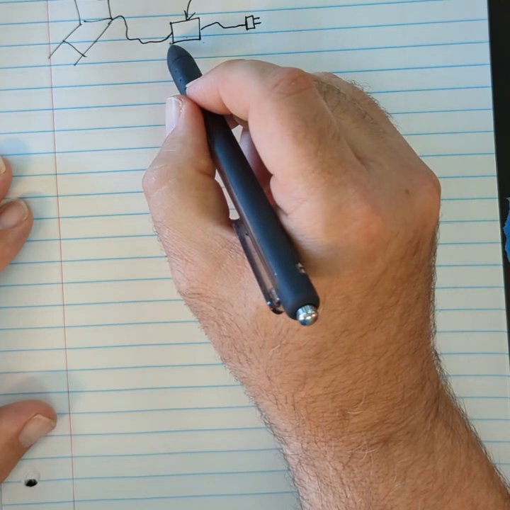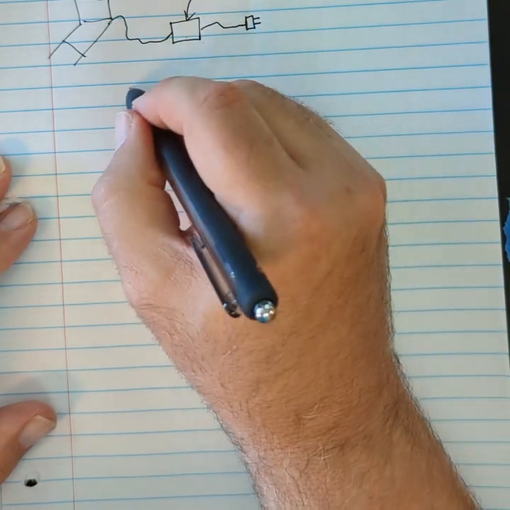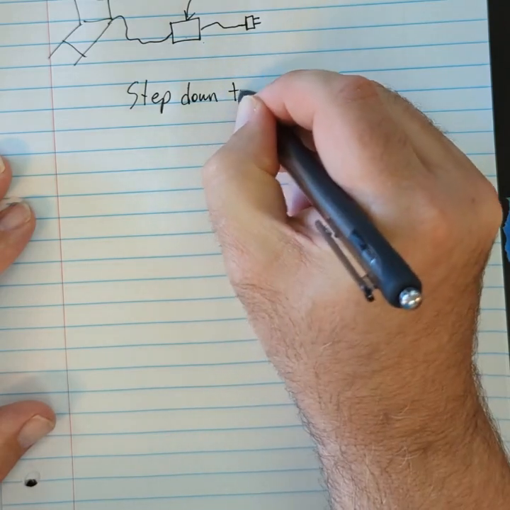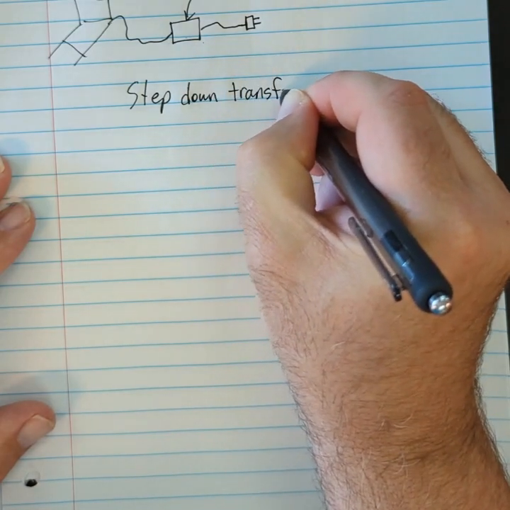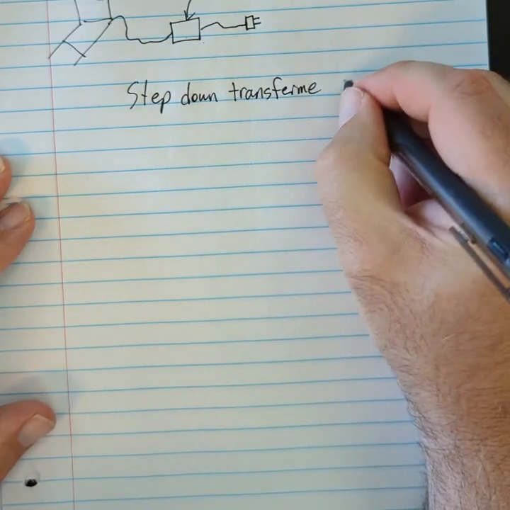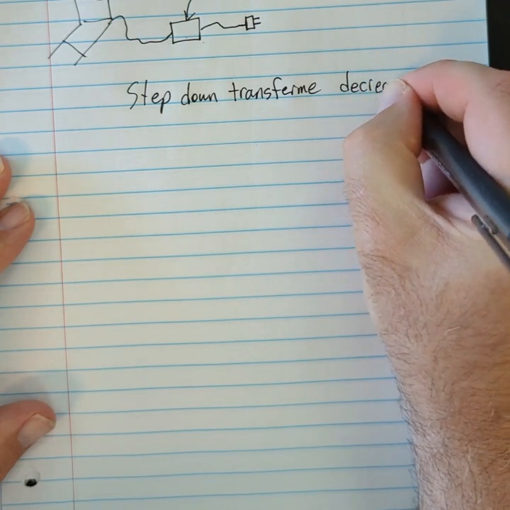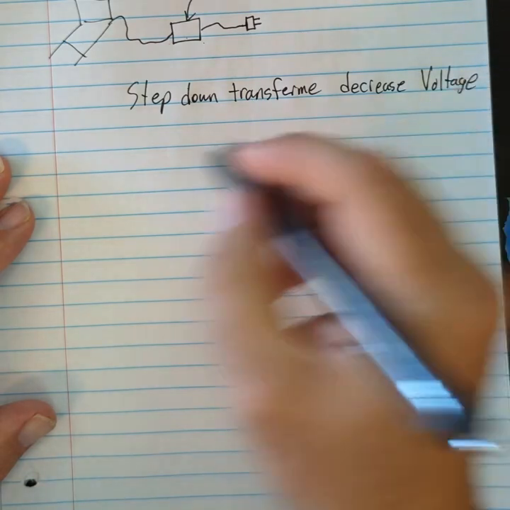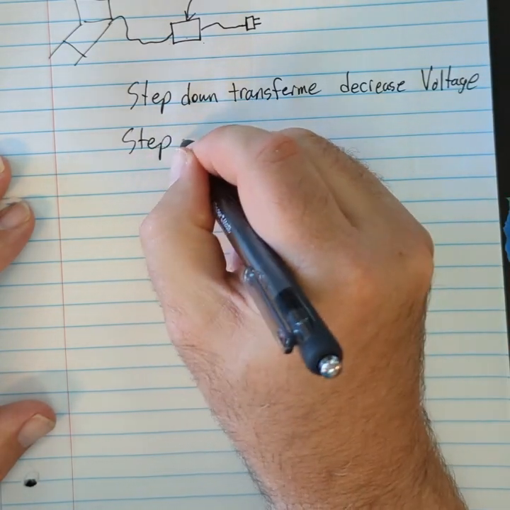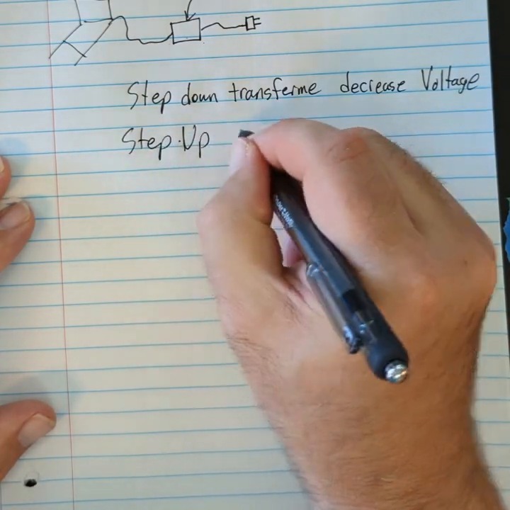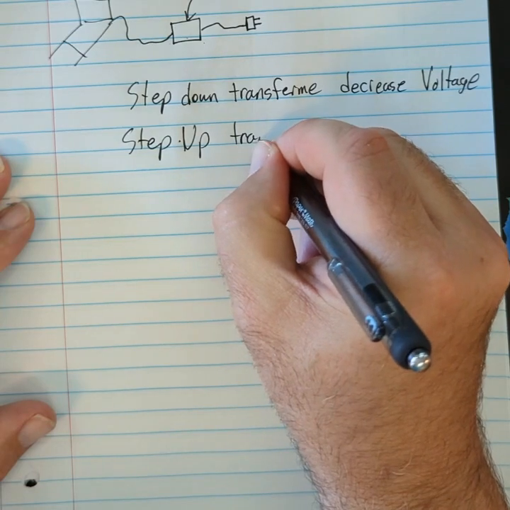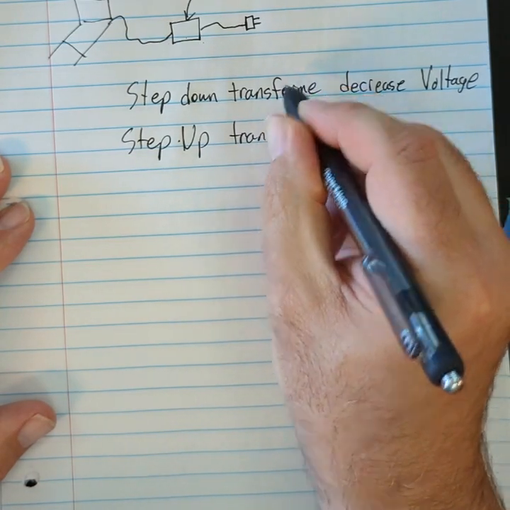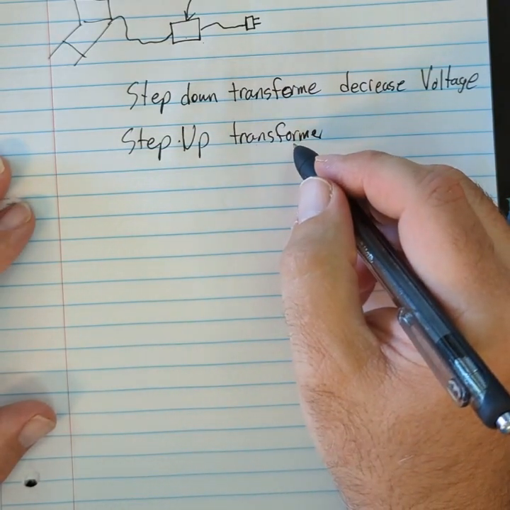It decreases the voltage. So a step down transformer decreases voltage. Okay. A step up transformer is what you have on the power lines.